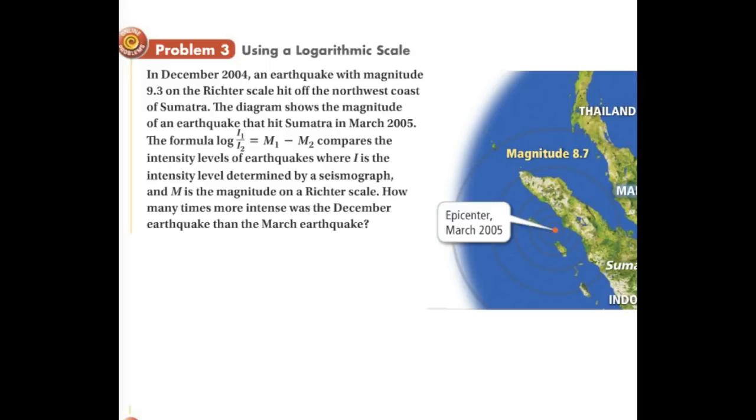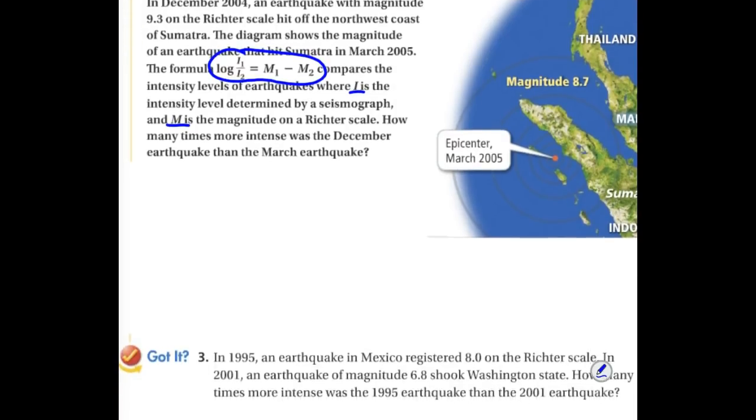The formula, log of I sub 1 divided by I sub 2 equals m1 minus m2, compares the intensity levels of the earthquakes, where I is the intensity level determined by a seismograph, and m is the value of the Richter scale magnitude. How many times more intense was the December earthquake compared to the March earthquake?